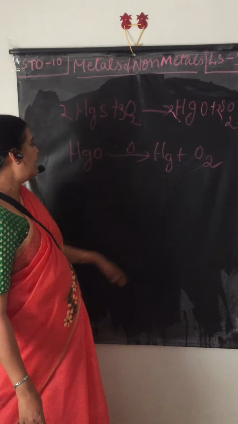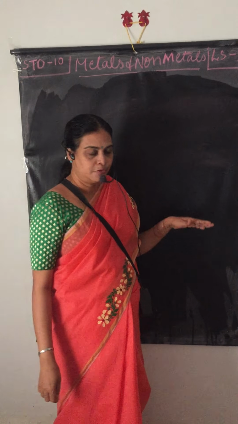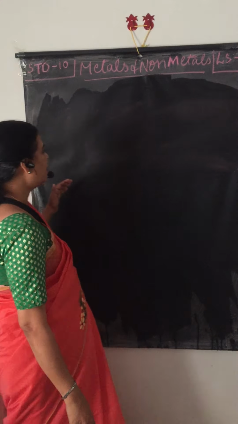Now let us discuss the reactions of the middle reactivity series. For the middle reactivity series, the ore is normally found in either sulfide or carbonate form. If it is in the form of sulfide ore, for example zinc sulfide, on roasting, roasting means heating in the presence of oxygen.